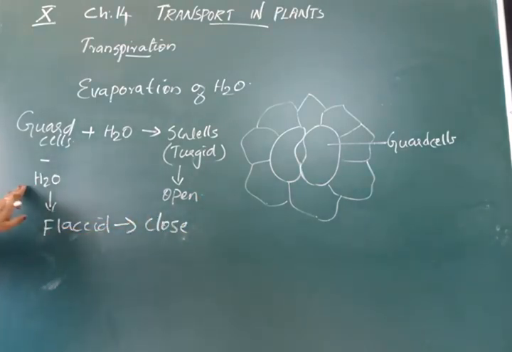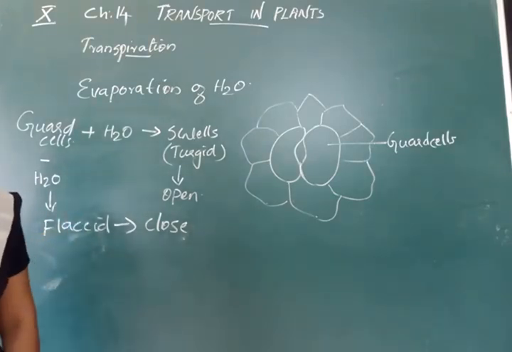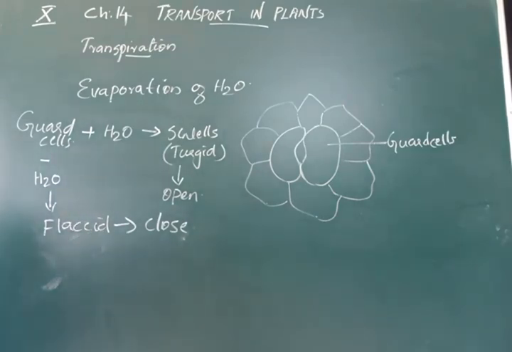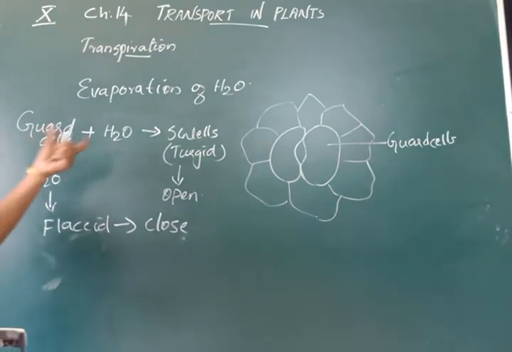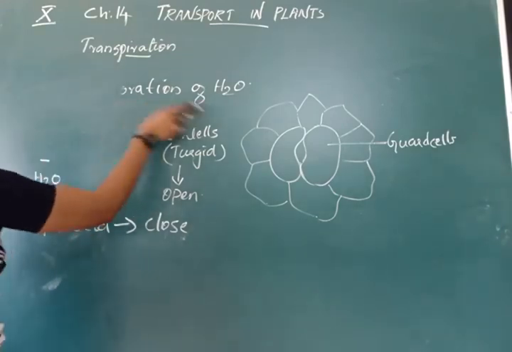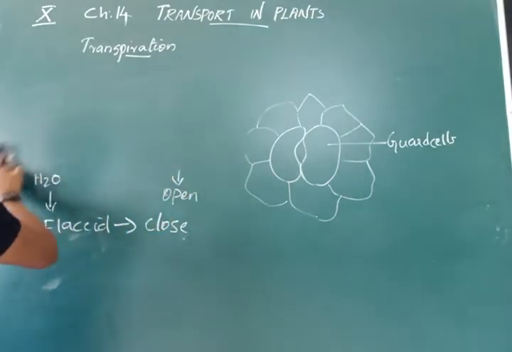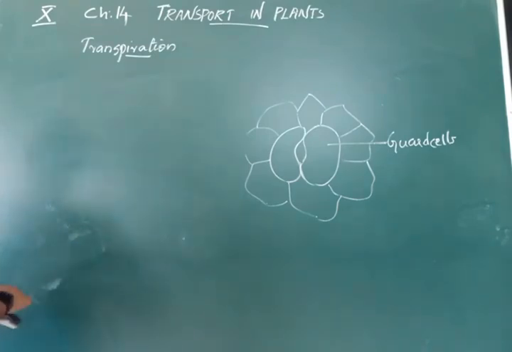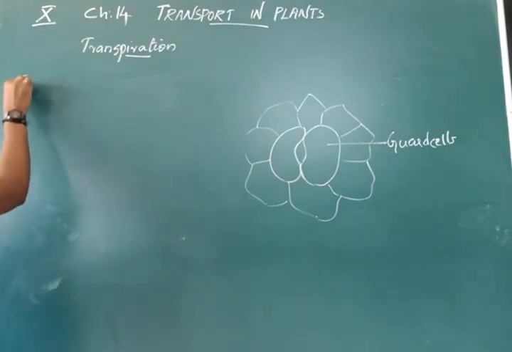When the guard cell releases water, it becomes flaccid and the stomata close. This is the opening and closing of stomata. Then, what is transpiration pull? Transpiration pull.